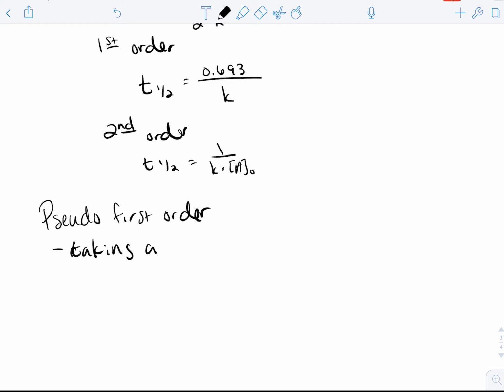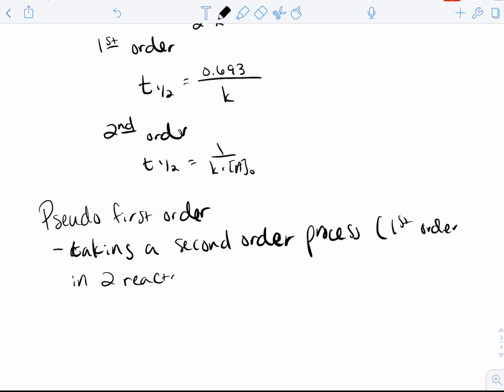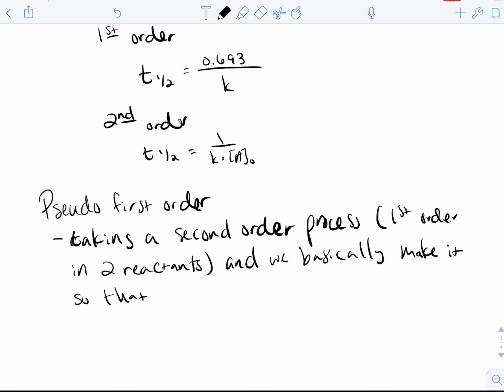So we're taking a second order process where we are 1st order in 2 reactants, and we basically make it so that the concentration of one of the reactants doesn't change.